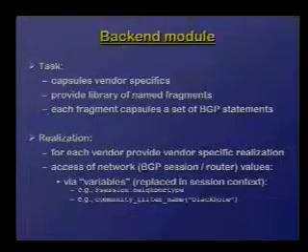Now, all of this, of course, depends on the fact that you have a way to actually realize the various different BGP operations. And that is the task of the backend model, which encapsulates the vendor-specific elements, and as such provides a list of different named fragments which can be used to realize the various different services and policies.